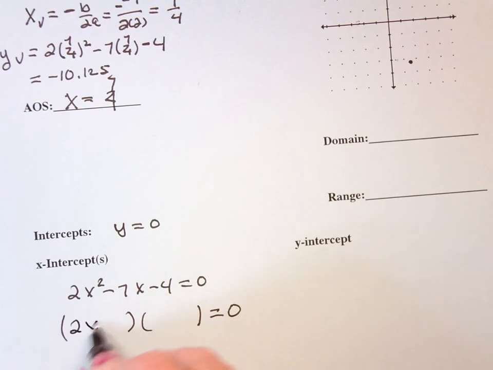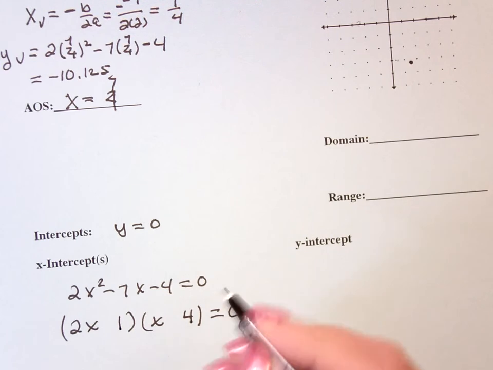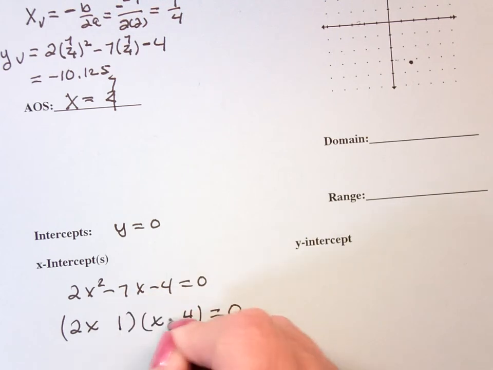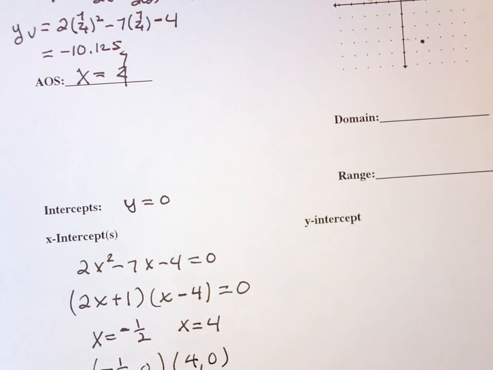So this is a 2x and an x, 4 and 1, and I need a minus 7, so that's going to be minus and plus. So x is negative 1/2, x is positive 4. So it's negative 1/2, 0, and 4, 0. Those are my x-intercepts.